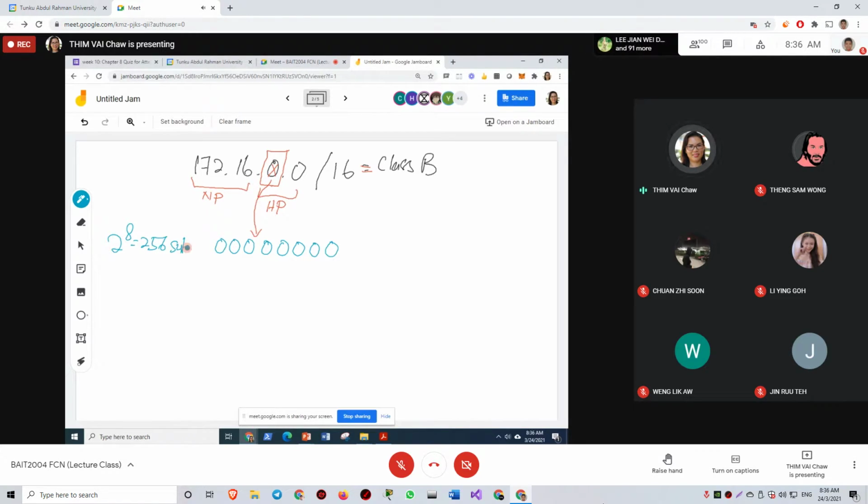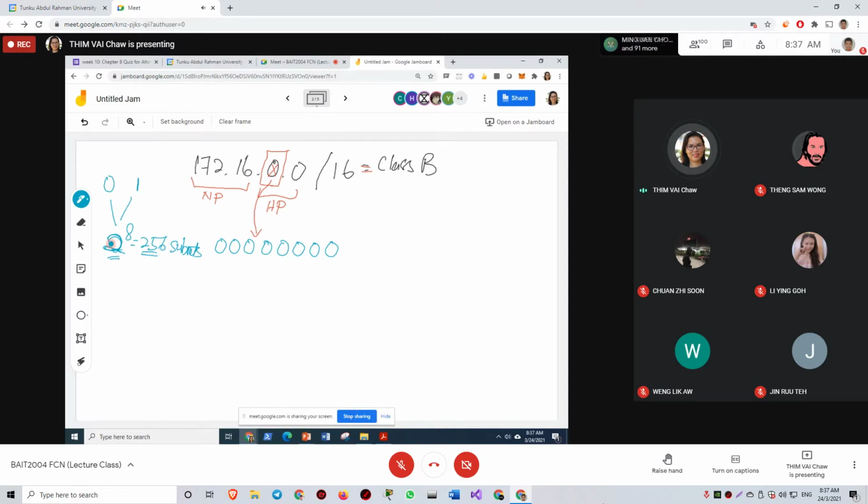We can create 256 subnets. Why is the base always 2? The reason is the bit pattern. Each of these bits has a value of only either 0 or 1.